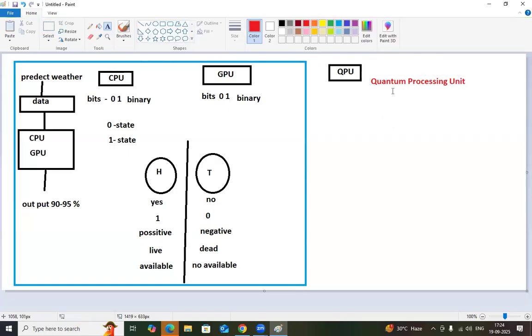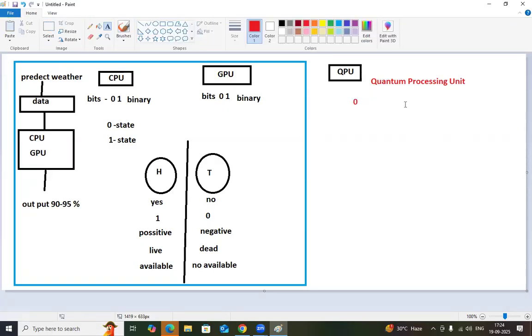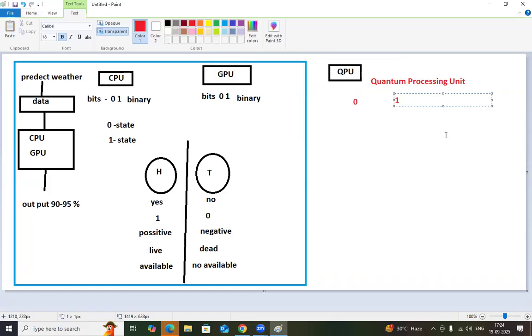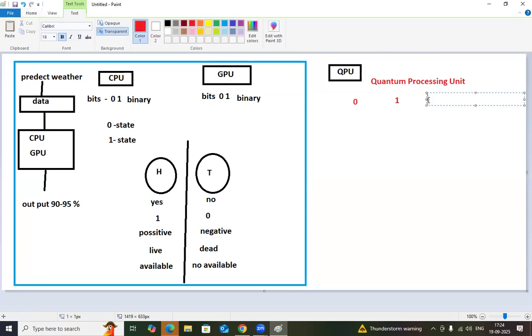It is available either as 0, let me write it down, either 0 or 1, or it can be 0 and 1.